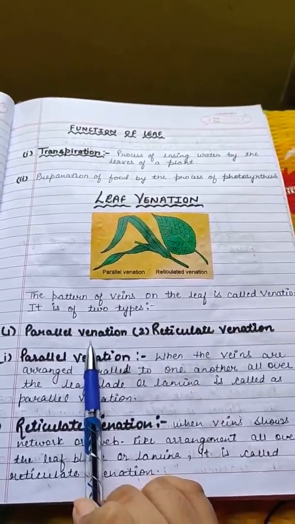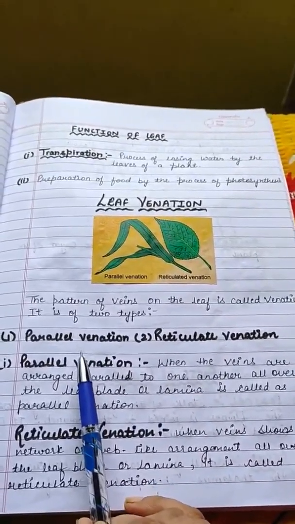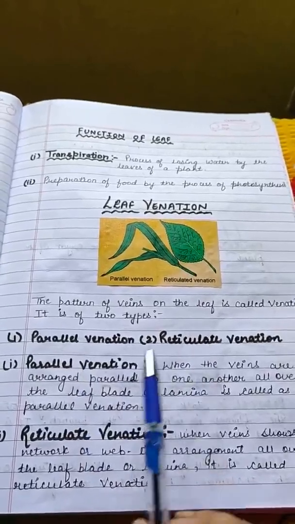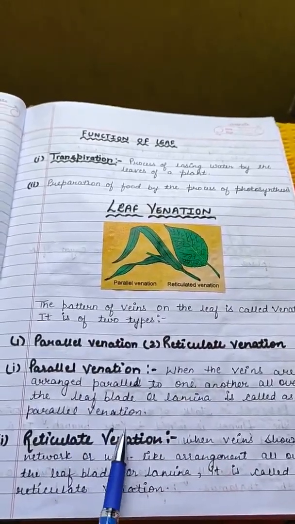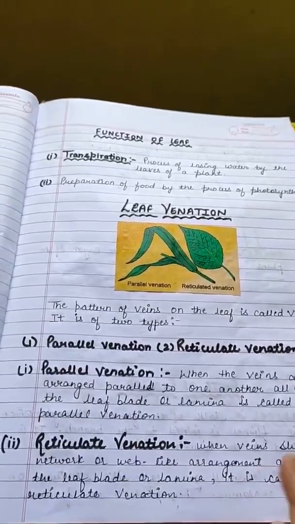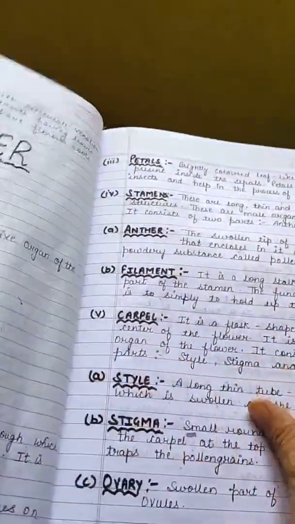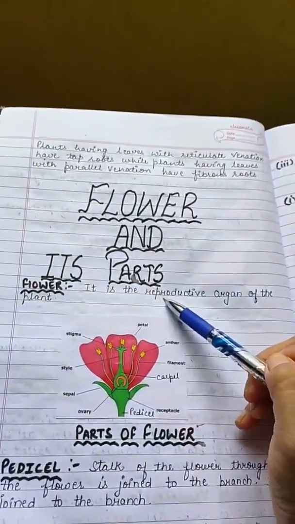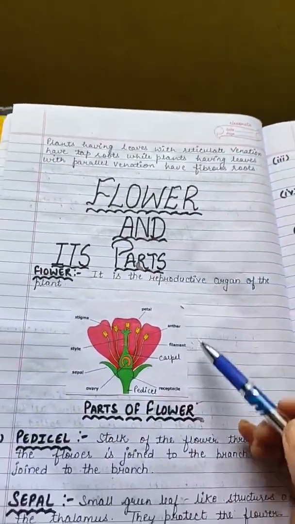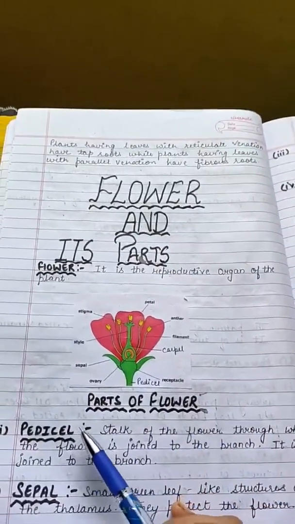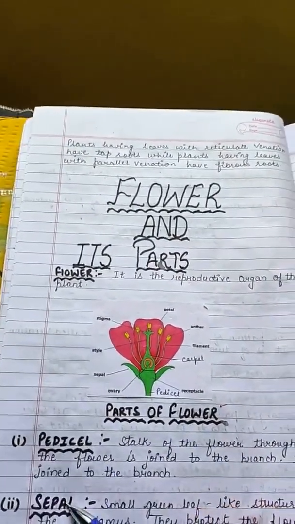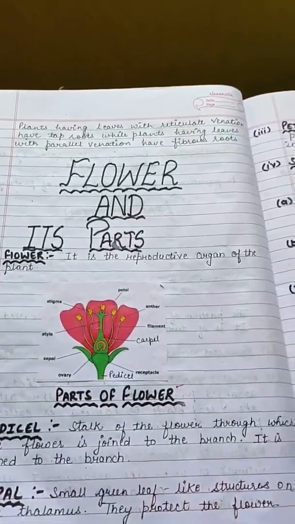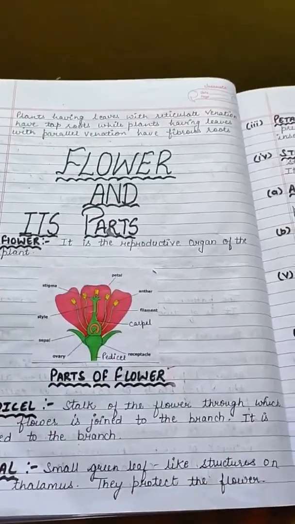Parallel venation has parallel arrangement of veins, whereas in reticulate venation the arrangement of veins is web-like. Next is flowers and its parts, or the structure of a flower. There are several parts: pedicel, sepal, petal, stamen, anther, filament, carpel, style, stigma and ovary, and they have different functions.